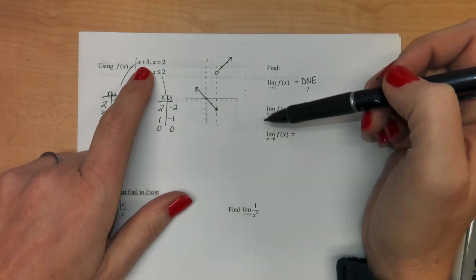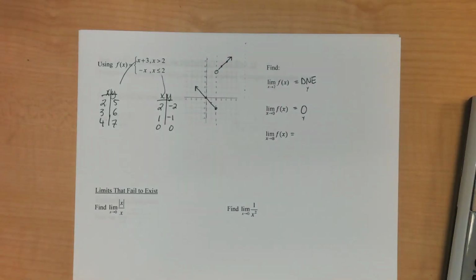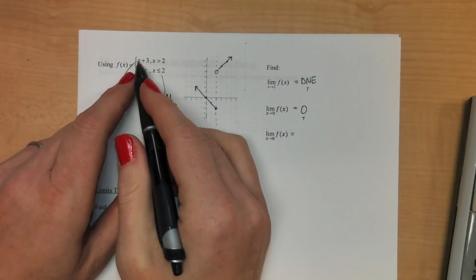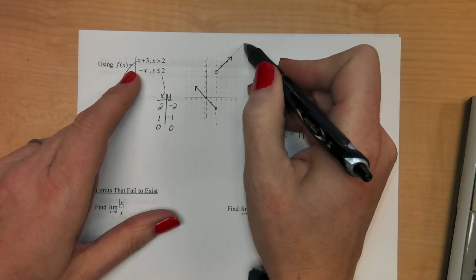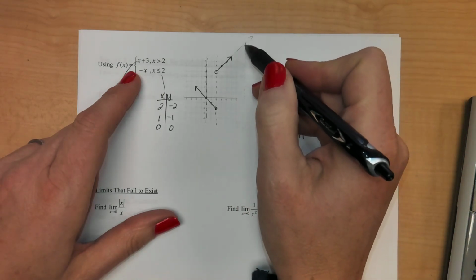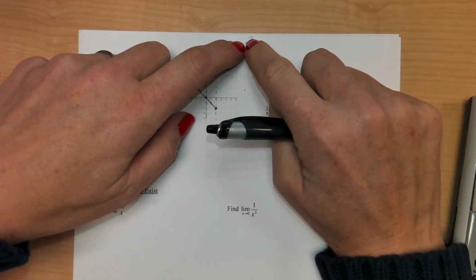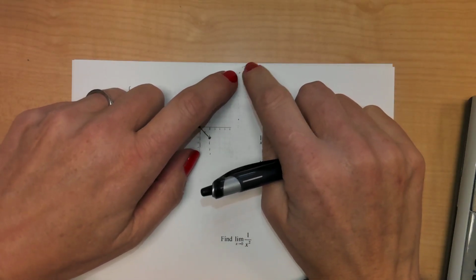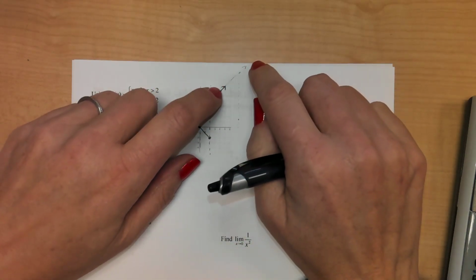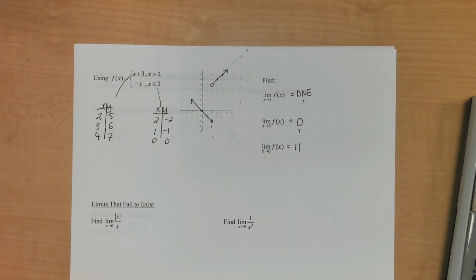And I can do my direct substitution by just plugging an 8 in there. Sorry, my lights just went off. There we go. So if I plug an 8 in there, 8 plus 3 would be 11. So if we continued this graph until we made it to 8, both of those sides would approach positive 11. Oops, sorry, my fingers were off the picture. So you would approach 8 and find out that both sides were coming towards 11.